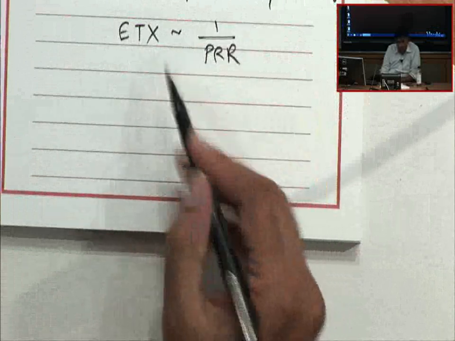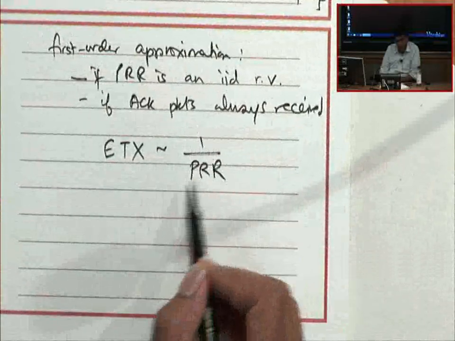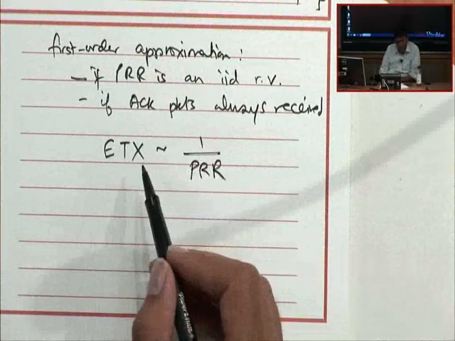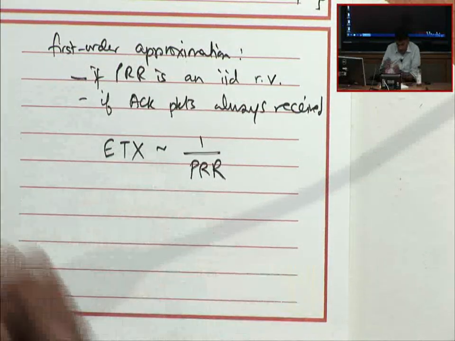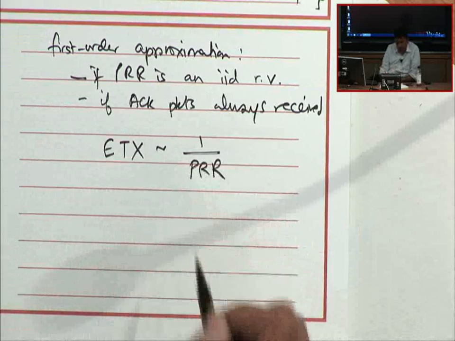Okay, because it sort of becomes a geometric random variable whose success probability is PRR. So the expected time to the first success, which is the expected time to your first successful transmission being acknowledged, is roughly 1 over PRR.